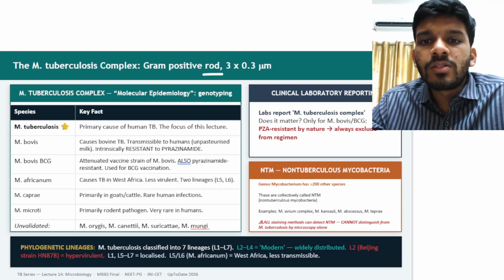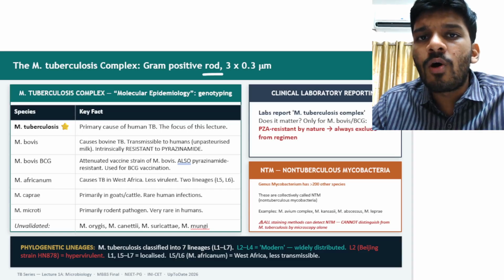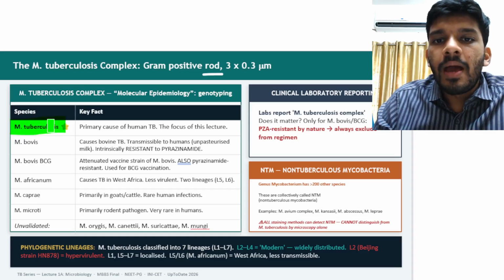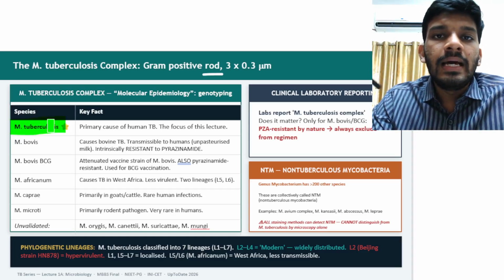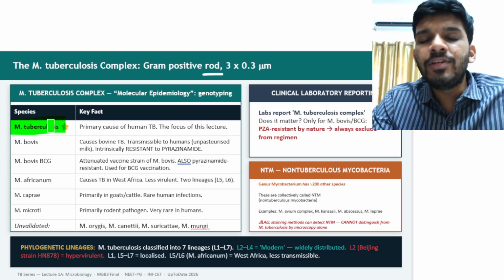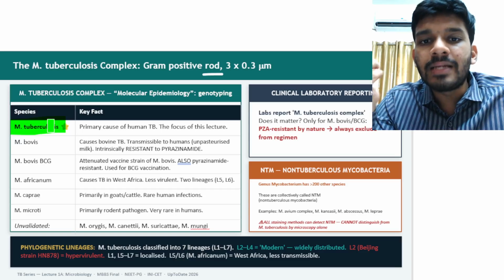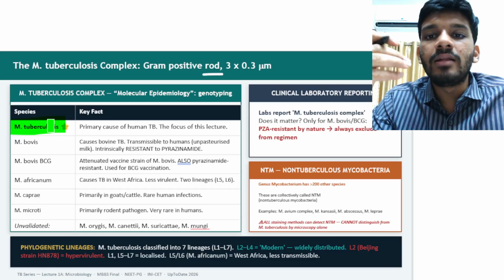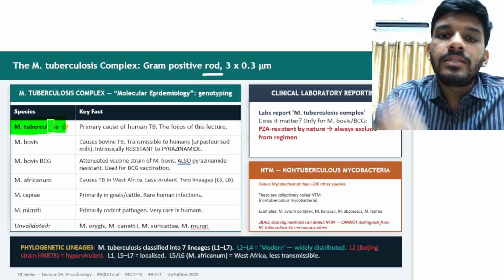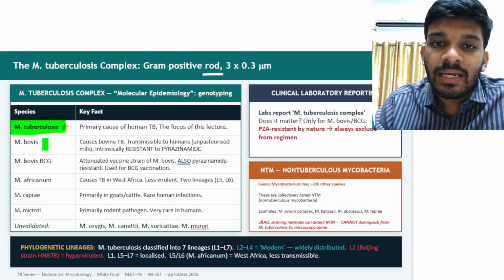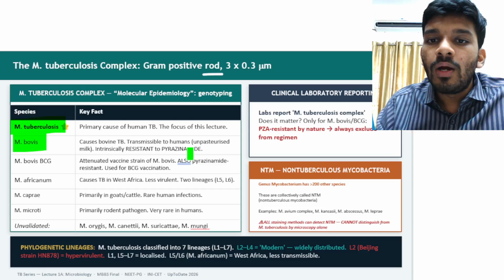The most common cause of tuberculosis, and wherever we talk about TB, we are referring to it as Mycobacterium tuberculosis. But it is important to realize that the drugs we use to treat it are HRZE, in which you have an important drug, pyrazinamide. So in Mycobacterium tuberculosis complex, you have other mycobacteria such as Mycobacterium bovis that is very, very intrinsically resistant to pyrazinamide.